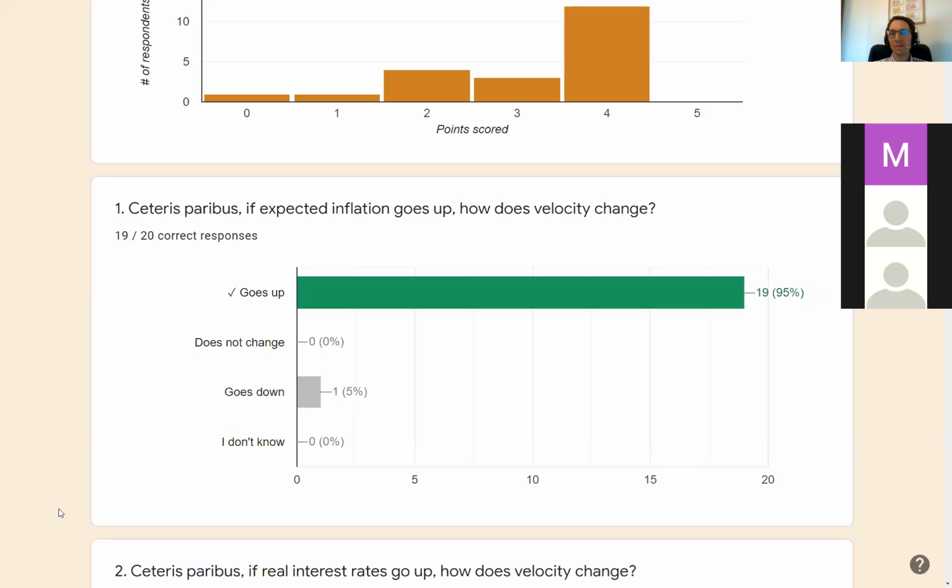It goes up. Yes. Why? Because when the real interest rate changes, velocity changes too. I mean, where IT is equal to RT plus expected inflation. So when RT increases, IT increases too, so velocity increases too.